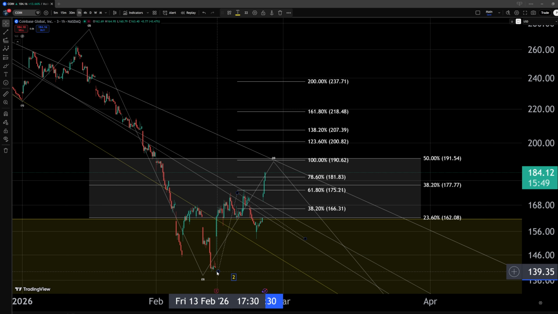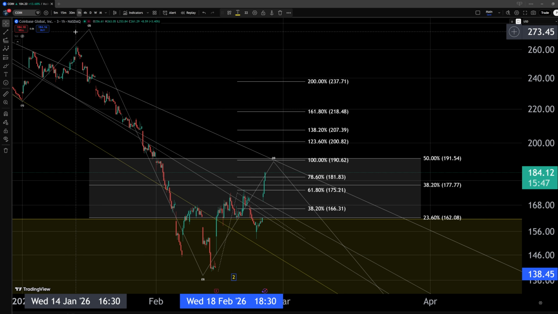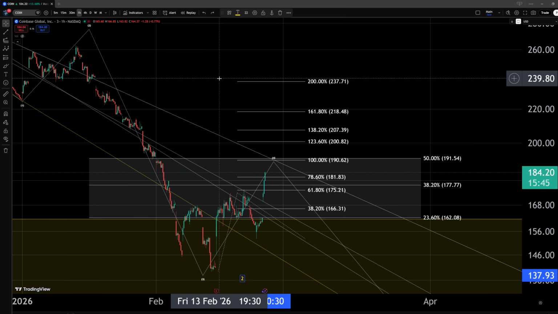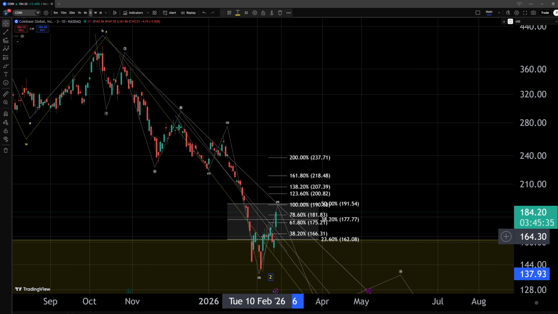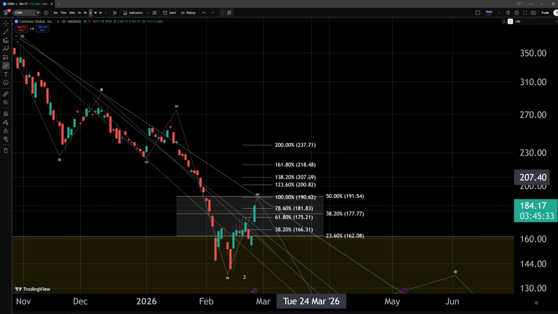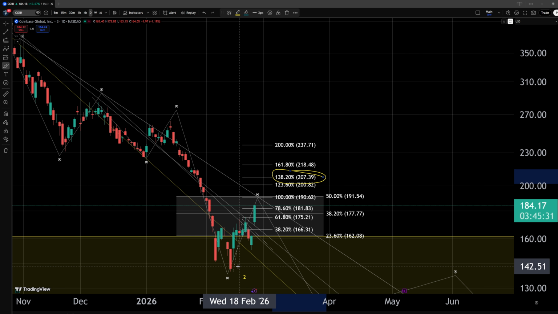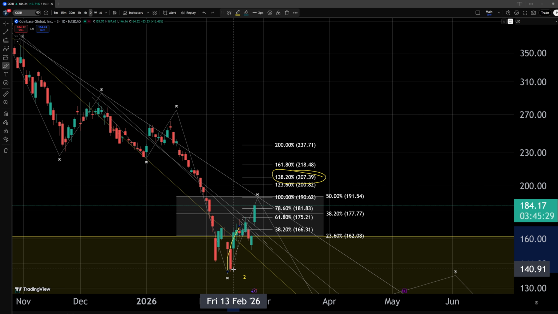There would be many scenarios in which we would still be able to have a reset of this wave 2, but it would be a strong initial sign that a more substantial push is going to occur, especially if we push here into the 138.2% extension of this initial push to the upside, this initial wave.